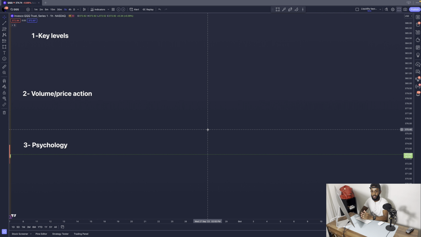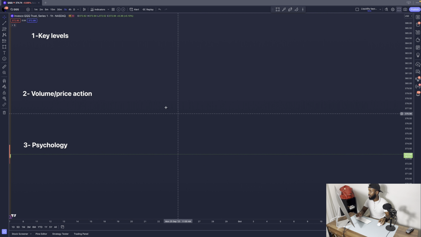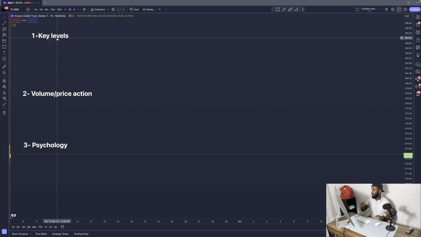So guys, like I was saying, when it comes to trading, there are three indicators that you need. And anyone who is successful at trading, who is profitable, they use a variation of these three indicators. Okay, so the first one is a variation of an indicator, or any indicator that is able to give you key levels.